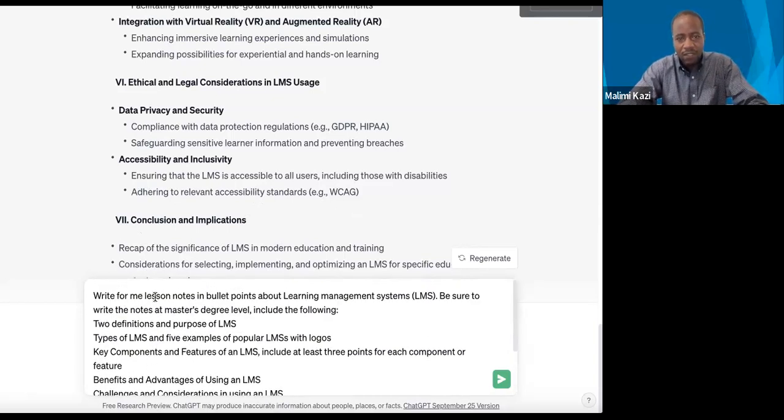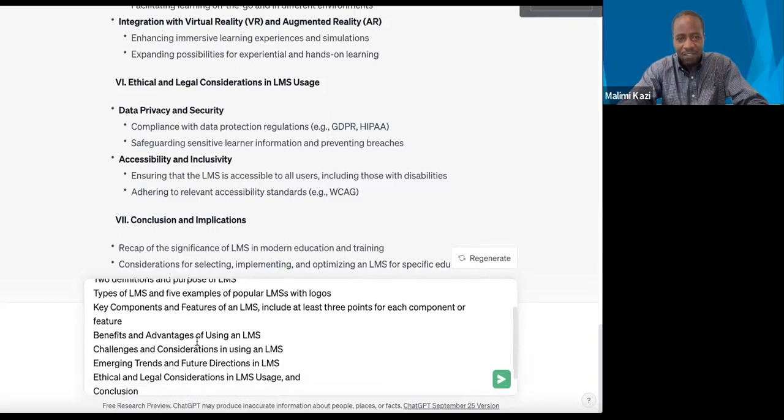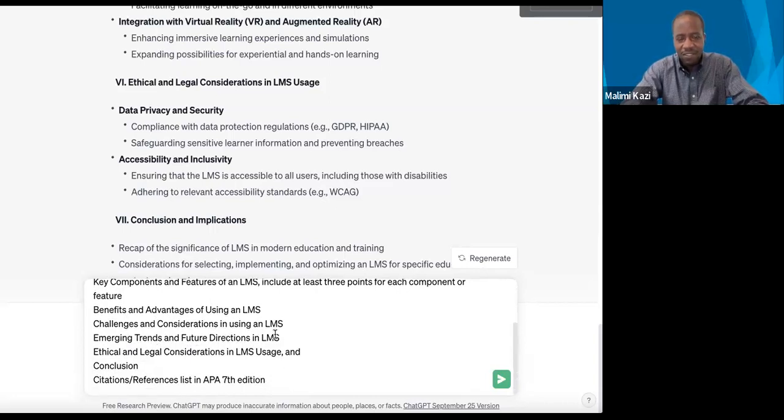So I wanted to write lesson notes in bullet points about learning management systems, and be sure to write notes at master's degree level, which will include the following: definition of the learning management system, types, key components, benefits and advantages, challenges and consideration of using learning management system, emerging trends, ethical considerations, which was mostly included in the previous production of ChatGPT, but I added a few things, like I wanted to give citation and the reference list in APA 7th edition.